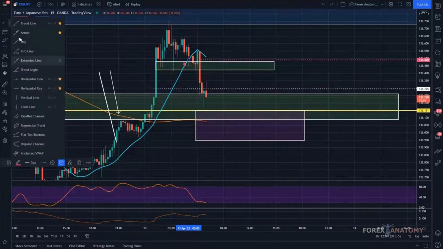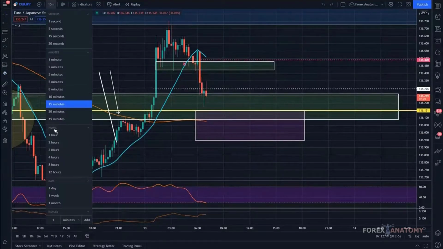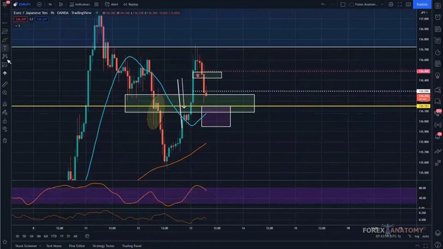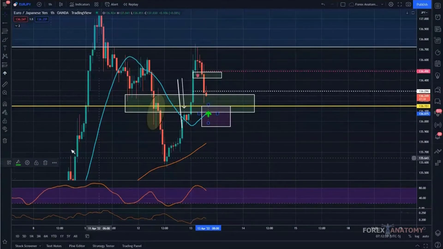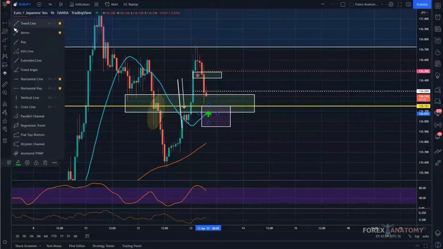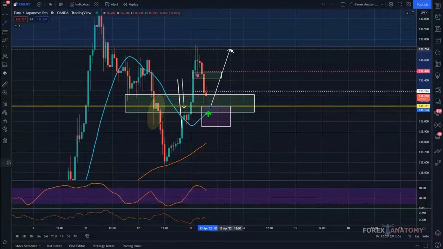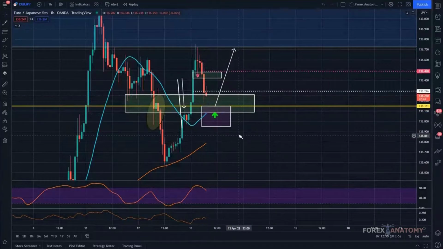In other words, we're expecting price to, well, let me just do this from the 1 hour. We're expecting price to bounce from this area and give us a nice trade at least to these highs up here. So that's something that we're expecting for Euro Aussie.